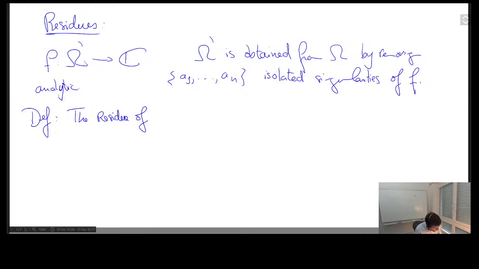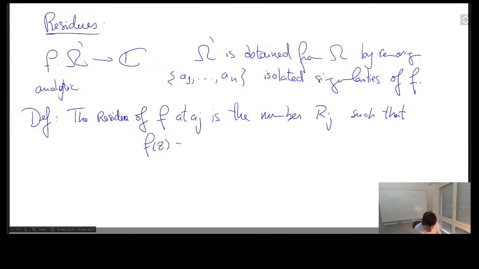The residue of F at Aj is the number Rj such that F(z) minus Rj over z minus Aj has a primitive, or is the derivative of a function, in an annulus.